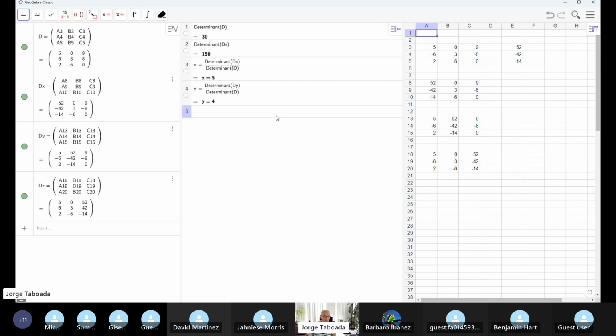So presented, F4, because if you compare separately, determinant Y is 120 divided by 30, which is 4.